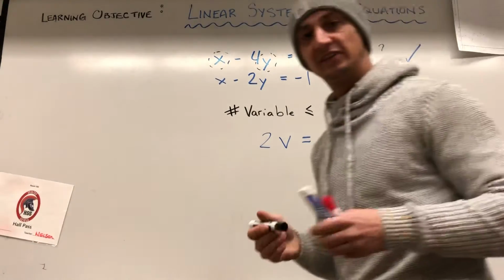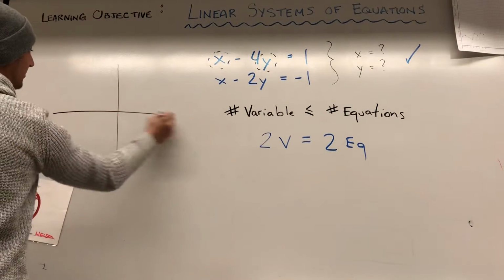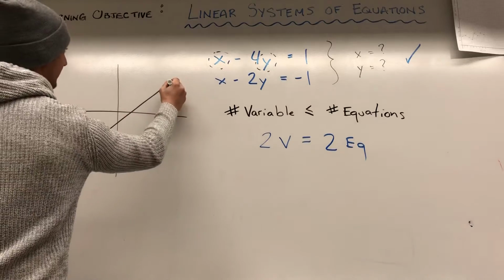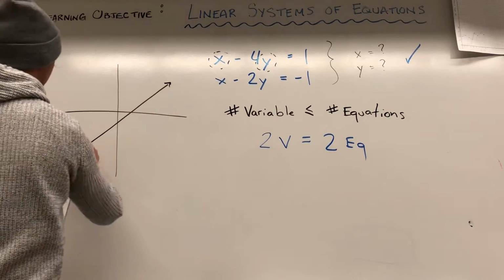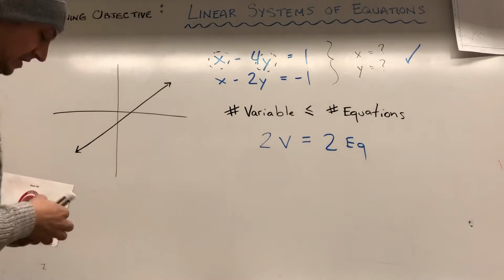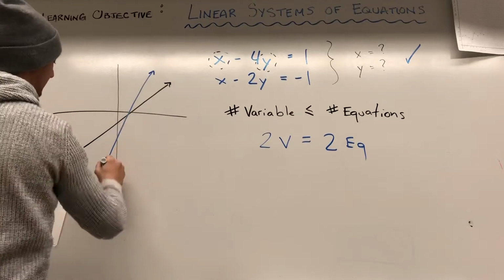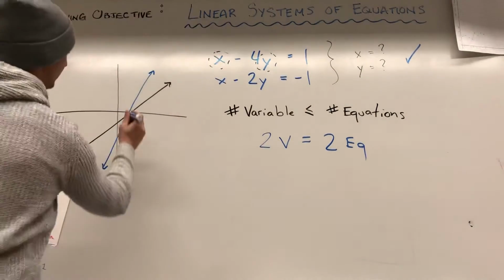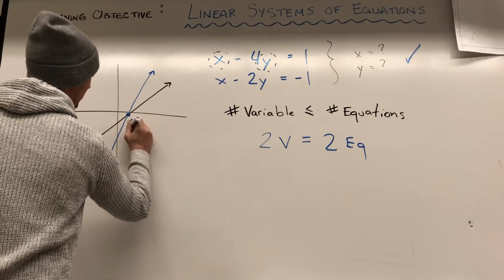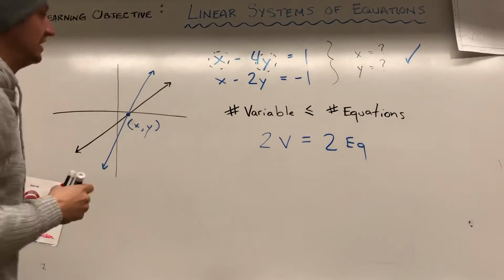And what is the solution? Well, I don't know what these would look like graphed, but let's just pretend that they look like this. So if I have one linear equation that looks like this, and it would go on for infinity, and I had another equation that does something like this, the solution is going to be the xy coordinates of the intersection, where the two lines intersect.